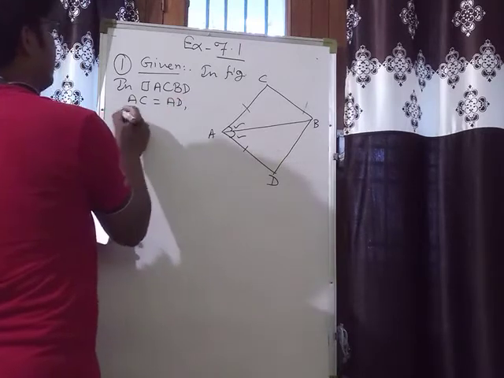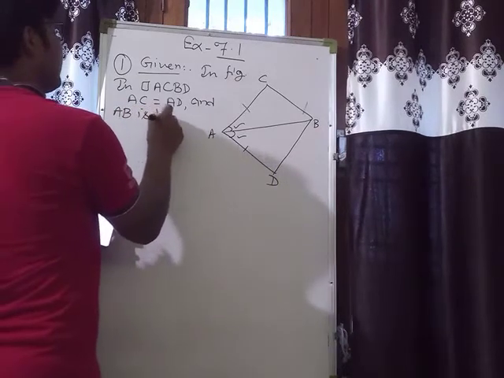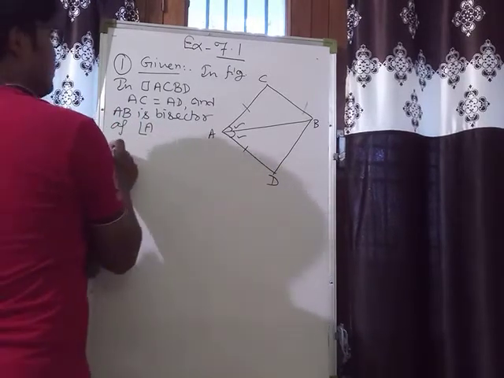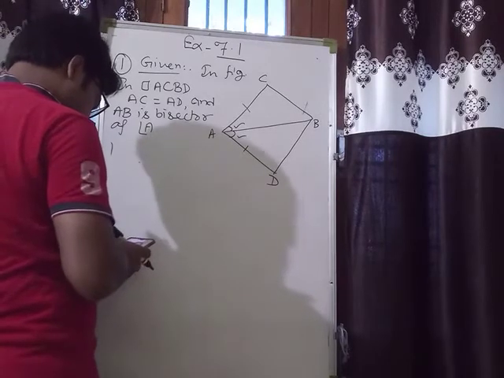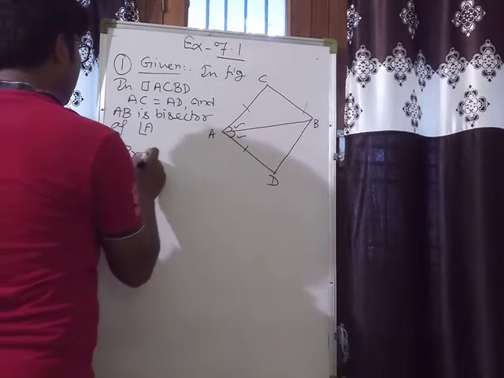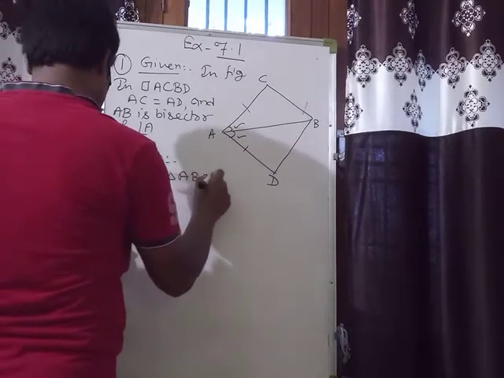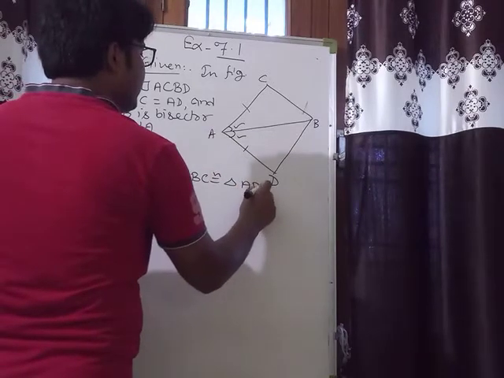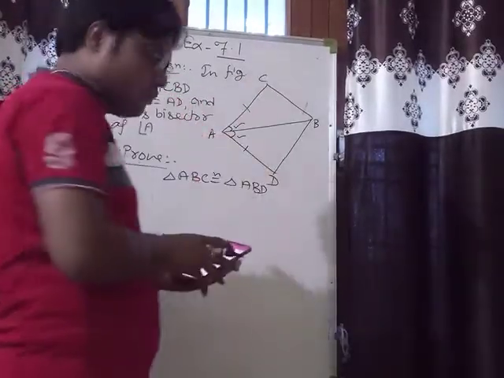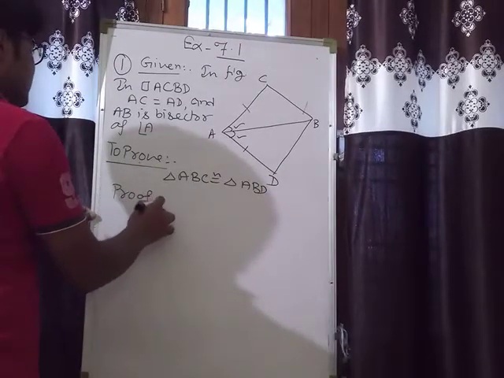It is given, and it is also given that this AB is bisector of angle A. And we have to prove triangle ABC is congruent to triangle ABD, and also tell about BC and BD. See, it's true. That is very easy.